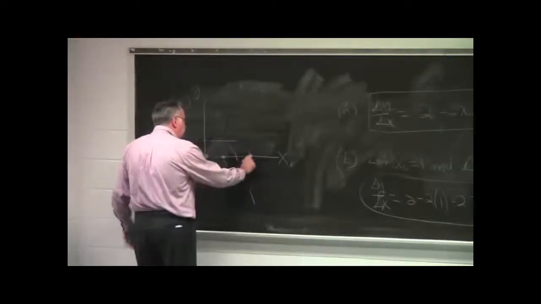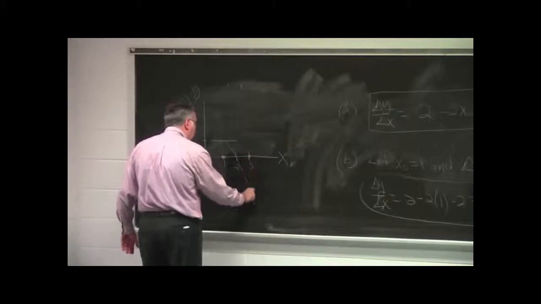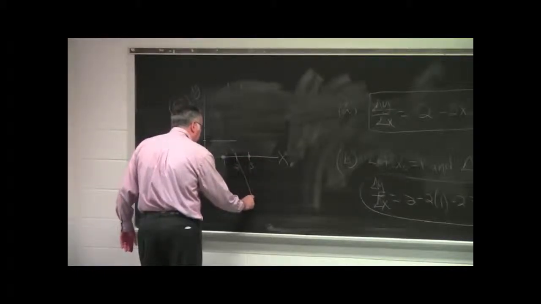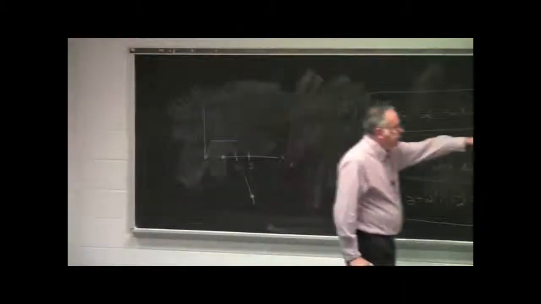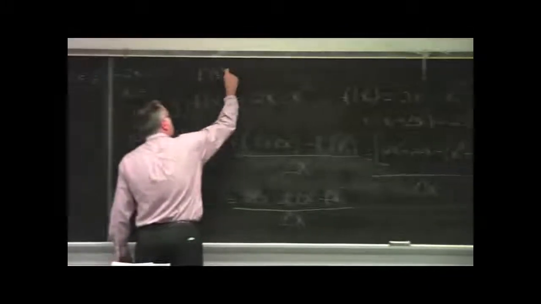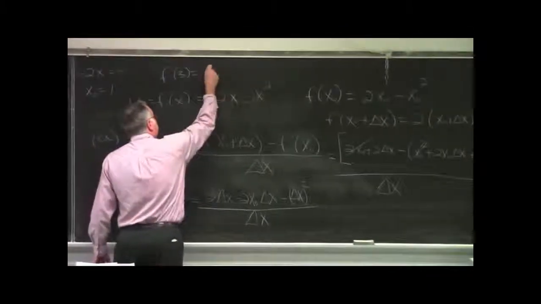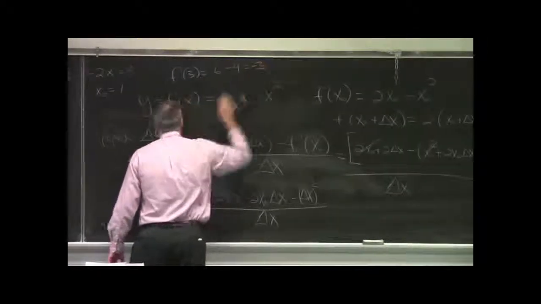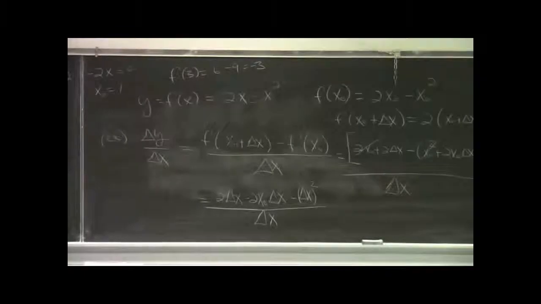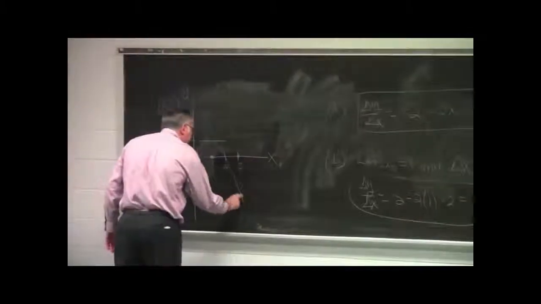Now, if we go down to the function right here at x equals 3, what is f of 3? Well, it's 2 times 3 is 6 minus 3 squared is 9, so 6 minus 9, which is -3. So this value down here is -3.